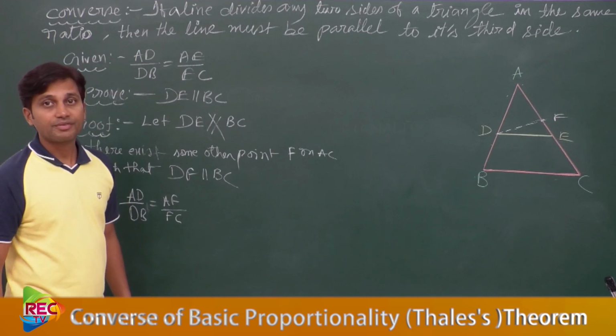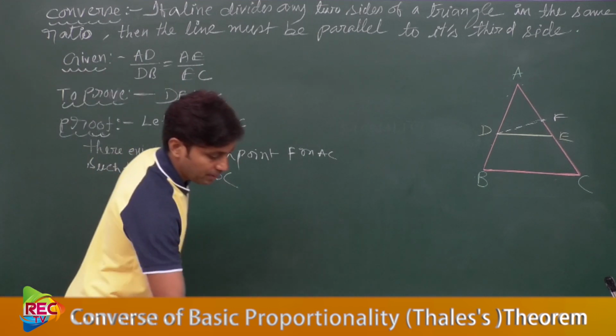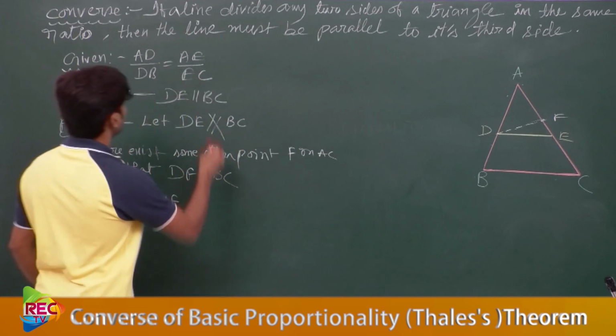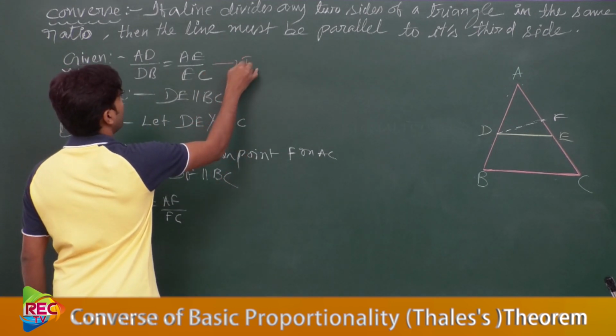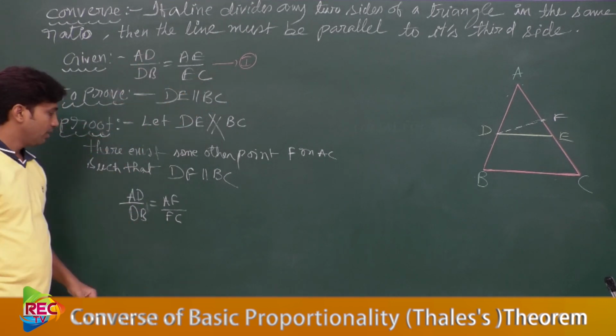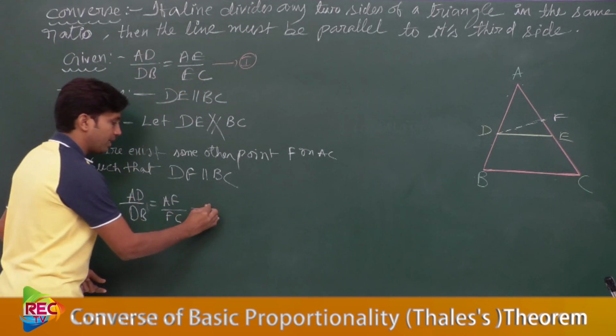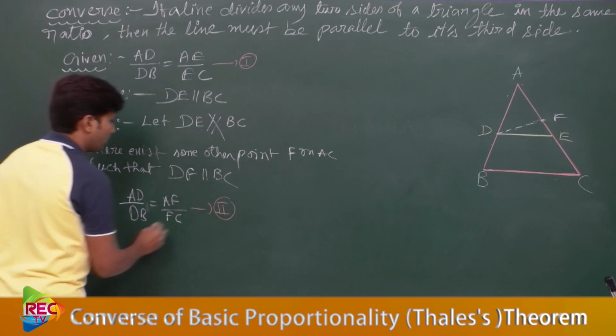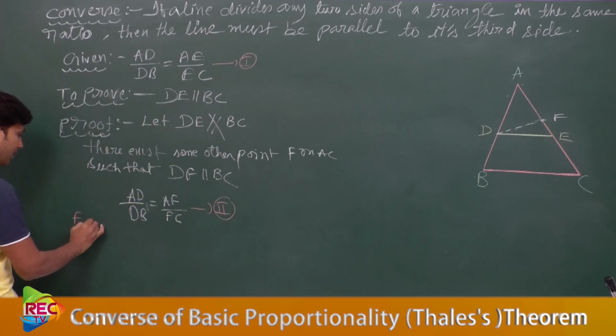Now for a moment take it like this. Let the given one be equation 1, and let this be equation 2. So from 1 and 2 what can we say?